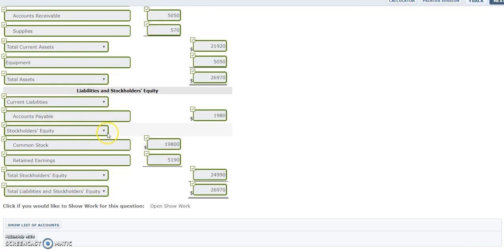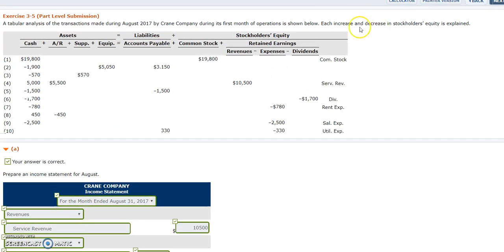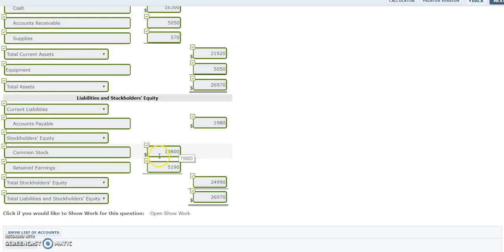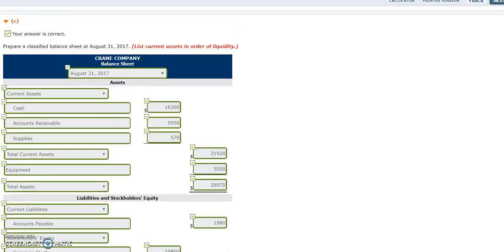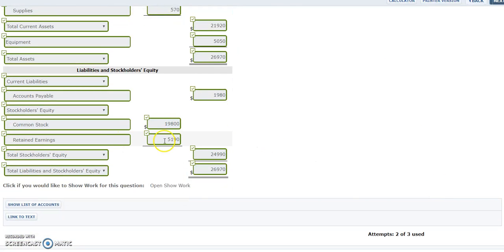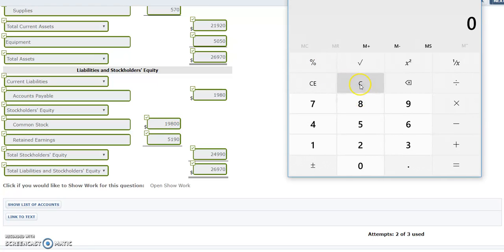Next, we're going to do stockholders' equity. We always start with common stock, which if we find up here is 19,800. So we'll plug that in. Next, retained earnings, which we already found up here. So we just take this last number, 5,190, plug that into retained earnings, and figure out our total stockholders' equity, which will be 19,800 plus 5,190.